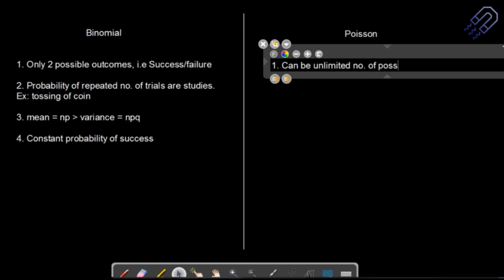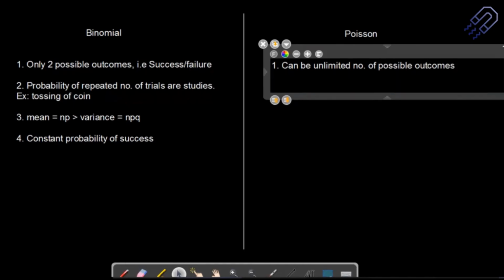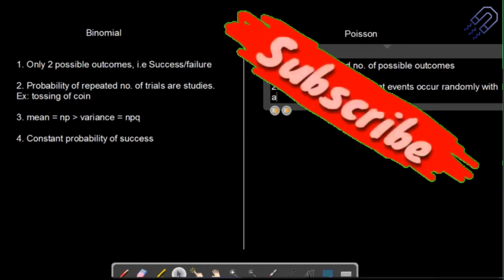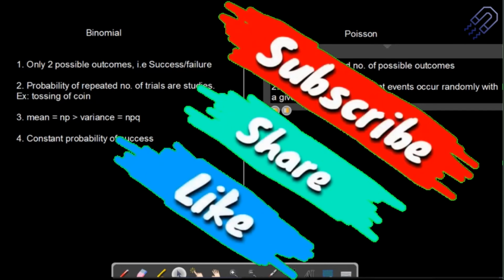And the next point, the count of independent events. Independent events occur randomly, so if you look at the main differentiating factor, within a given period of time.